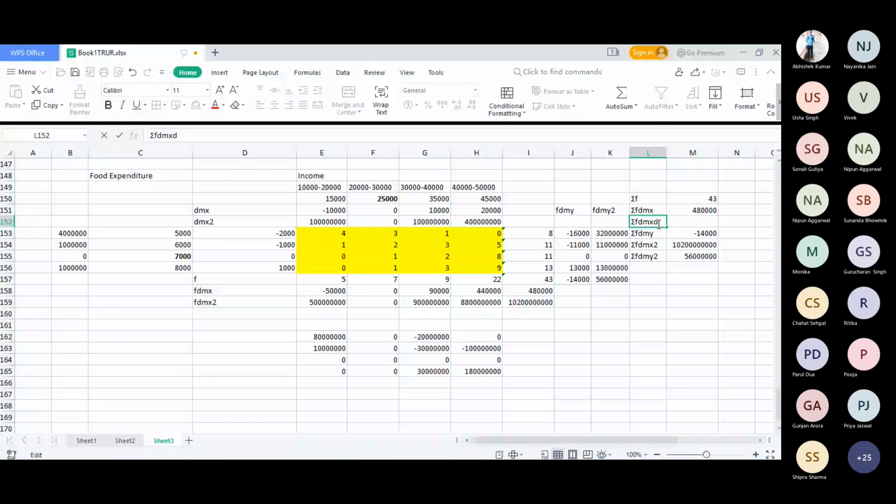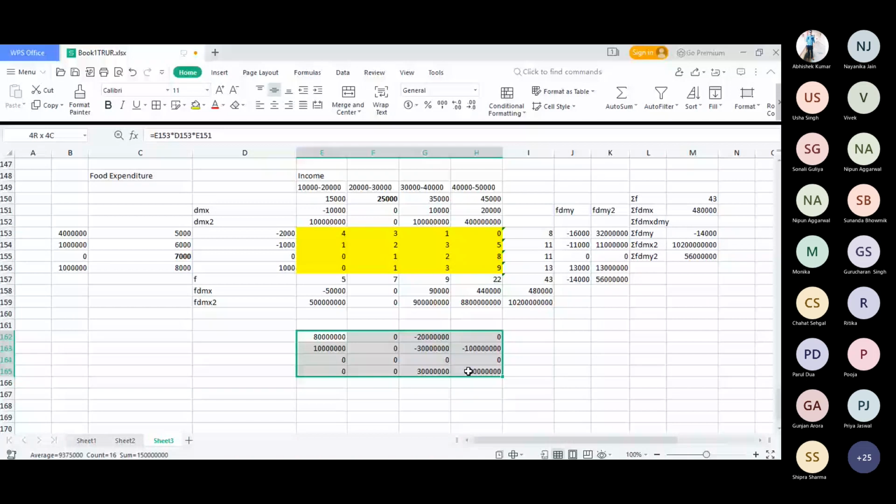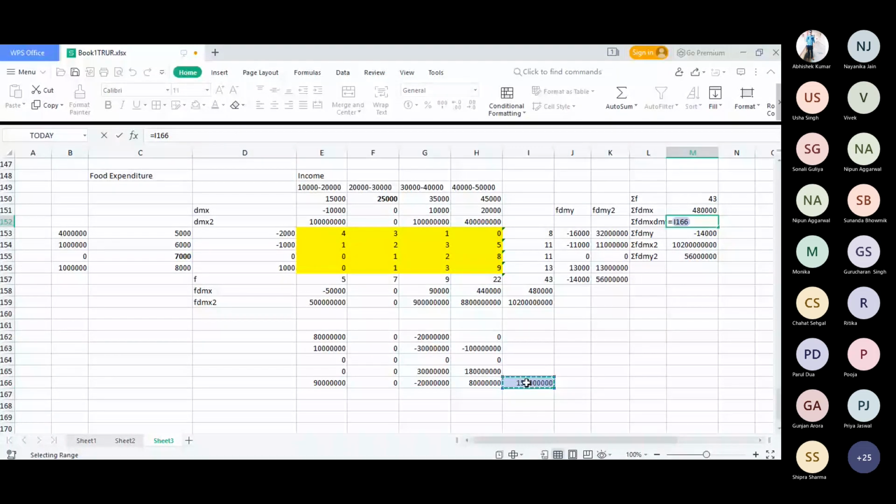So that is what we have calculated, which will be equal to 1 5. So if we make the sum here, which will be equal to this one. So this becomes your summation of f dmx dmy.